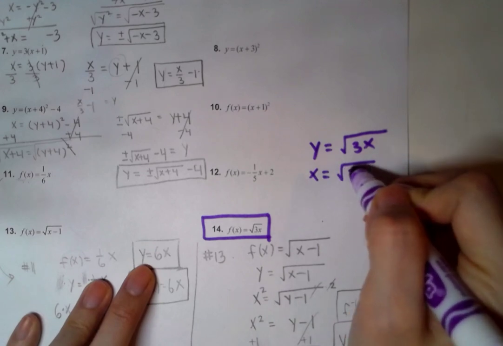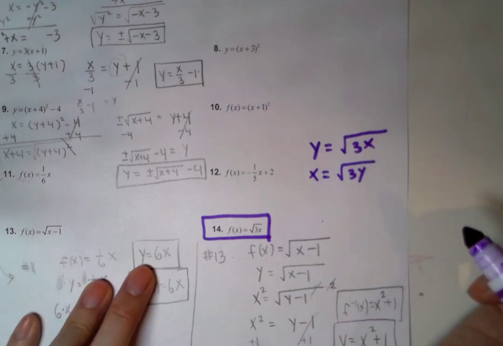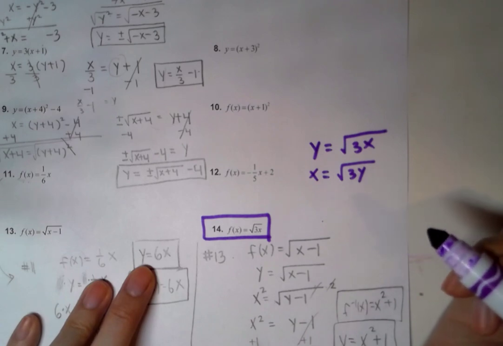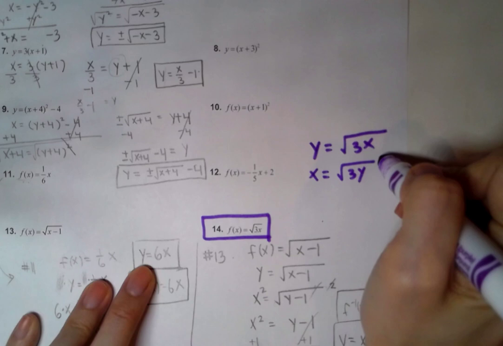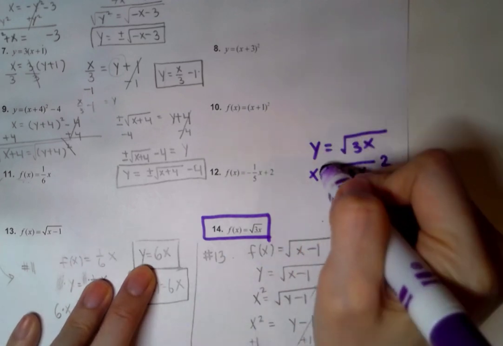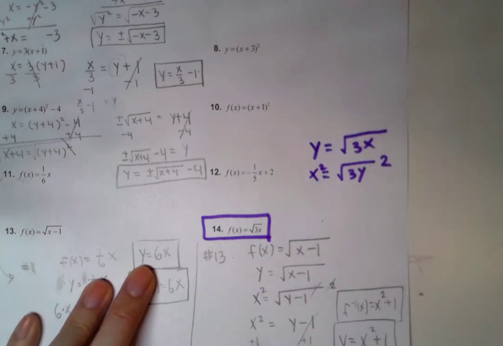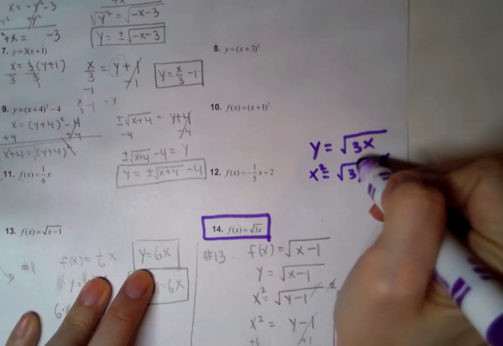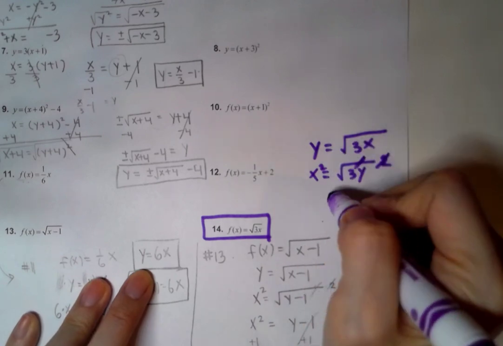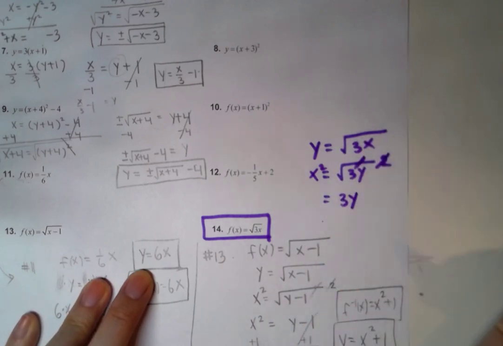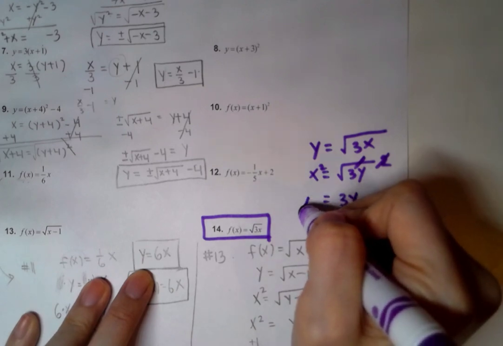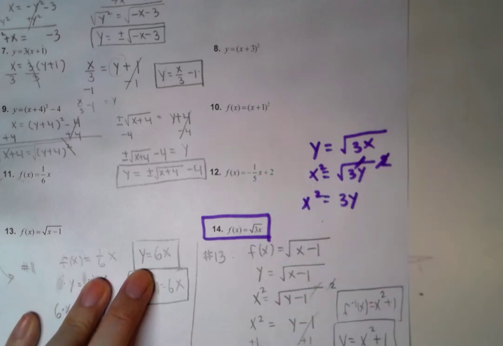Do you see the square root? You need to get rid of that. Then what do we need to get rid of the square root? Opposite of square root, square. So you square each side. Like this. Then you get rid of the square and square root, so you just have 3y only. And then on the other side you have x squared, right?